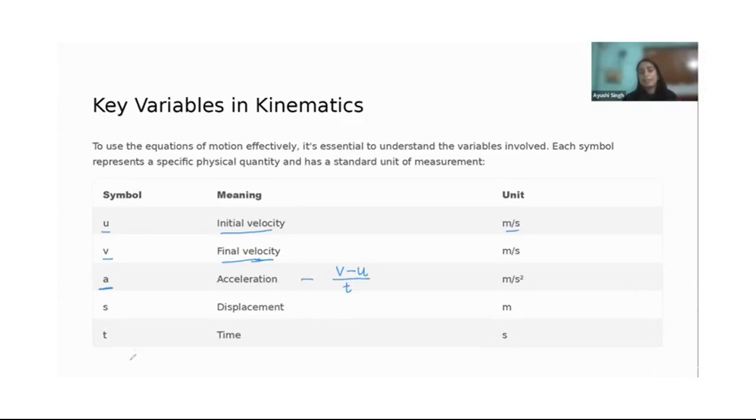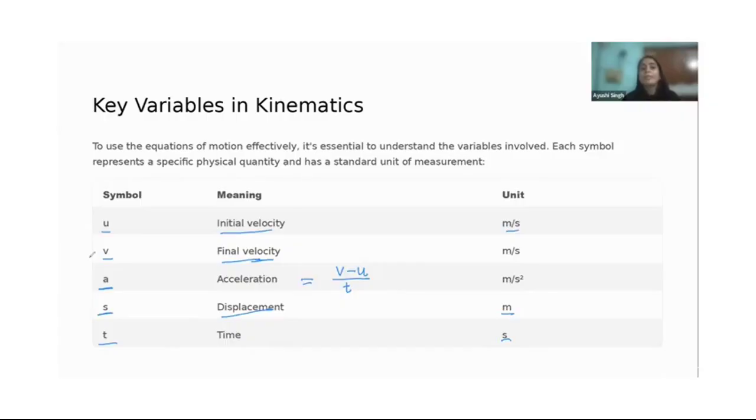That is your acceleration, right? And s is displacement, that means the shortest distance covered, and its unit is meter. And t is time, and it is going to be in seconds.